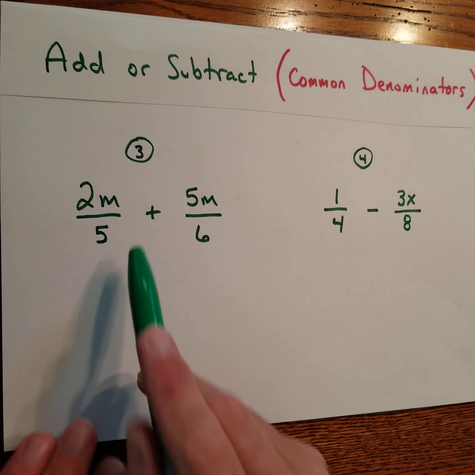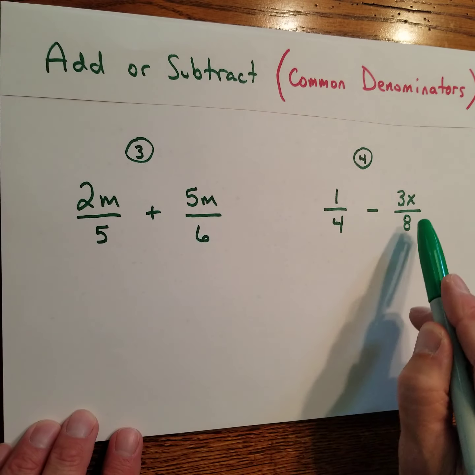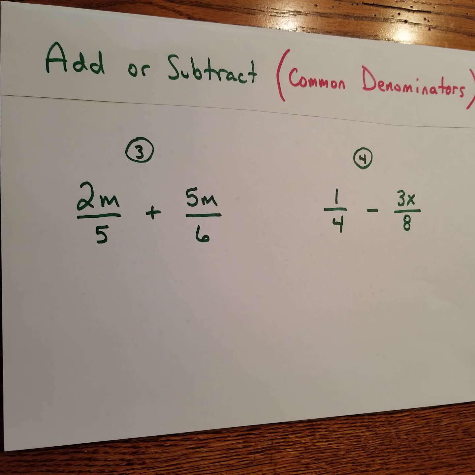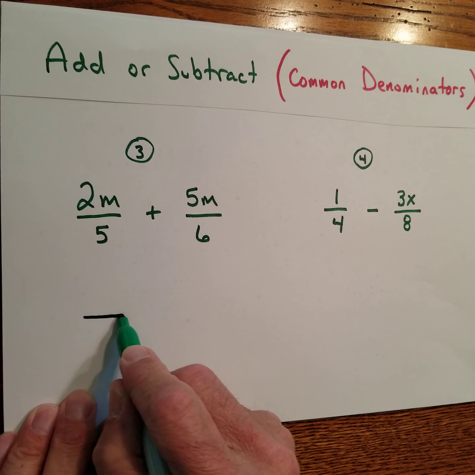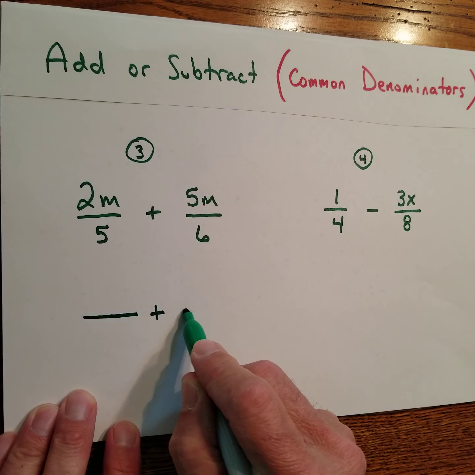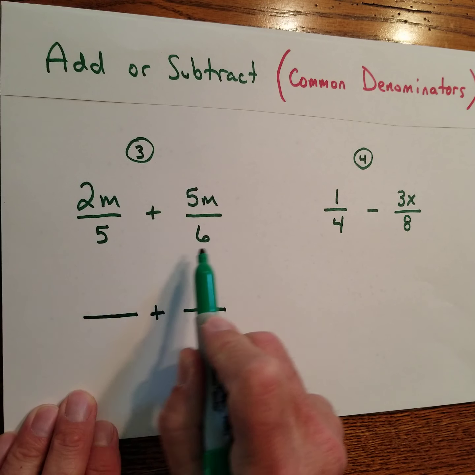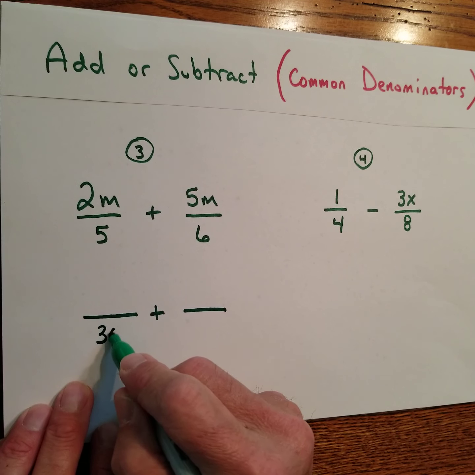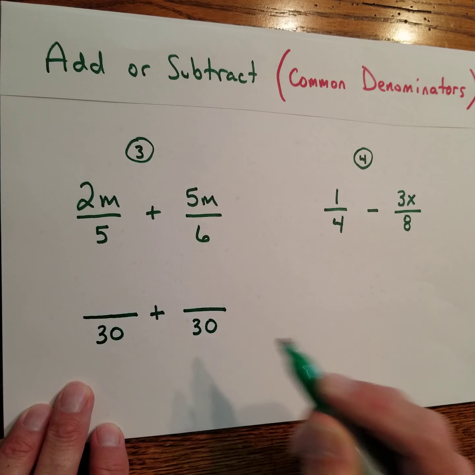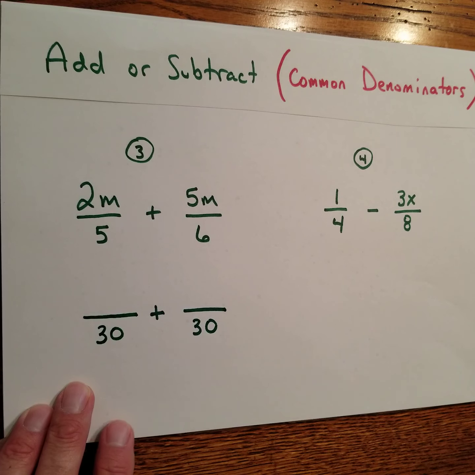From time to time, variables like m and x are going to creep into our fraction problems. Here's how to deal with them. We're adding fractions, so I know I need a common denominator. 5 and 6 are consecutive numbers, so I know to multiply them together. Now get the numerators.